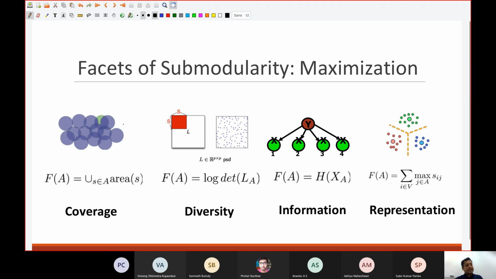Now look at the maximization aspects, and again, some of these we'll prove, some will just give intuition. These are all maximization perspectives of submodular functions. If you want to have sensors placed, where should I place the sensors? I want to place sensors such that I cover the area well.